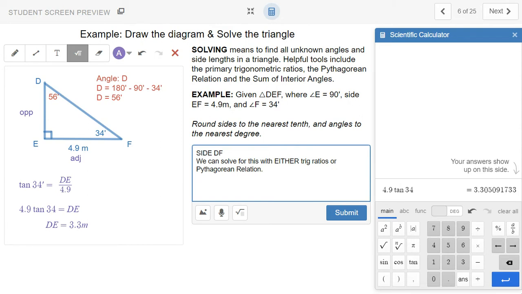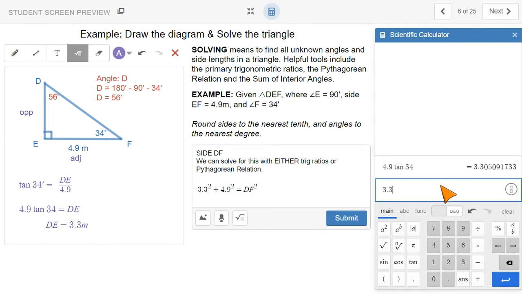I'll do Pythagorean relation because I think most students like Pythagorean relation more. So we have 3.3 squared plus 4.9 squared, and this is equal to side DF squared.